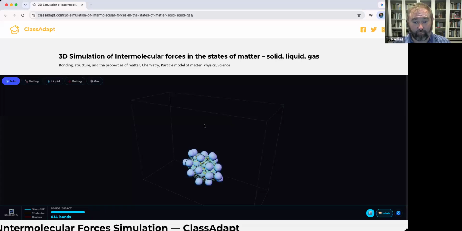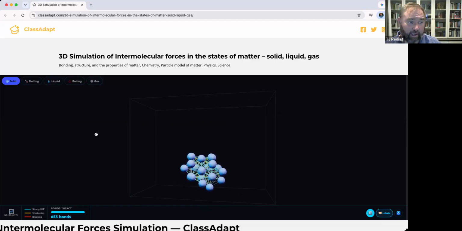That's a very complicated way of explaining what we're looking at here. The students can see this and move it around like I am here. This is a collection of water molecules, and right now they're frozen. They're solid. This is what ice actually looks like if we could see it up close.